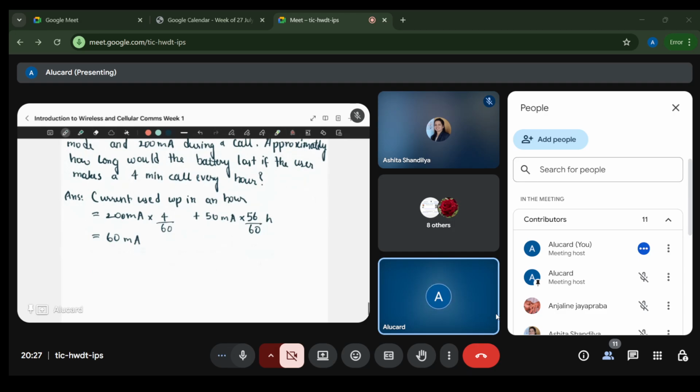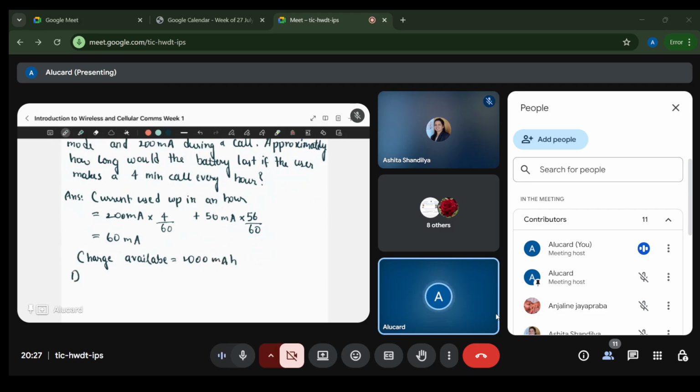So this is per hour, and it's about 60 milliamperes. And the charge available is 2000 milliamp hours.